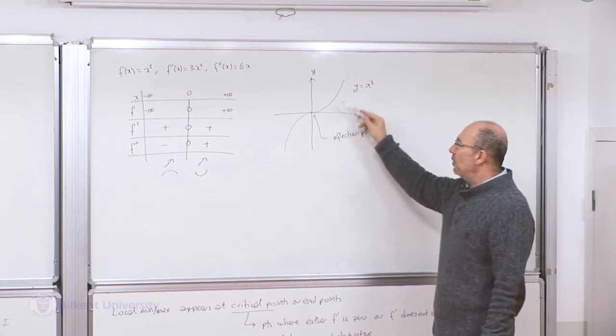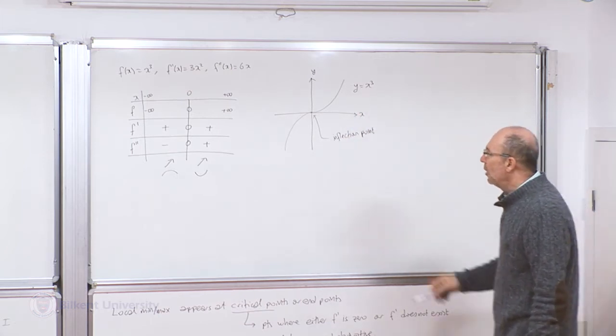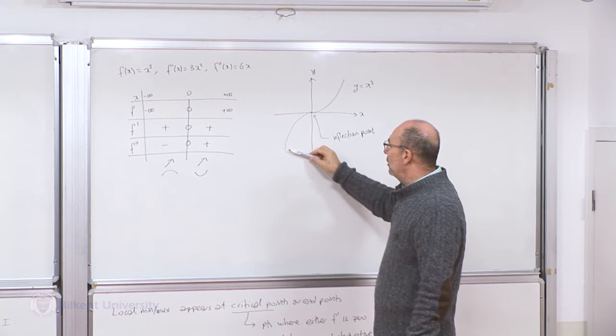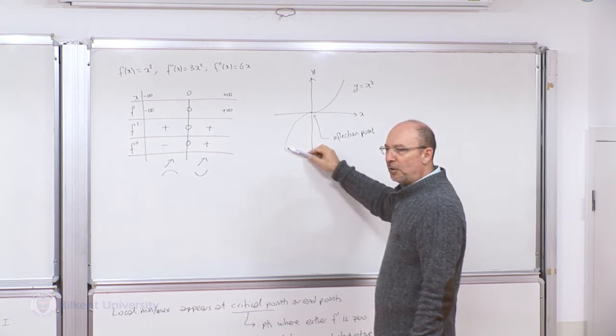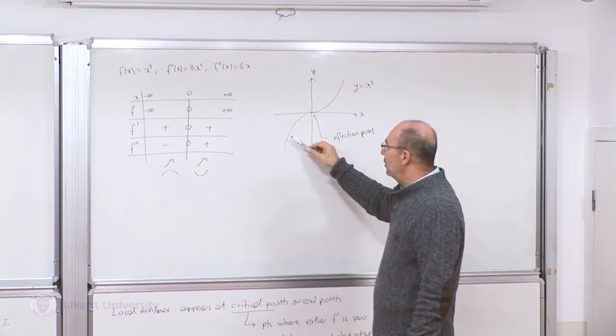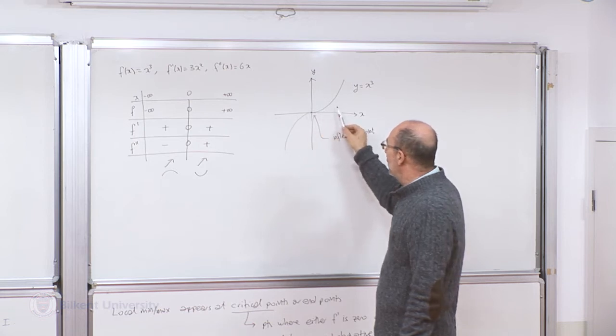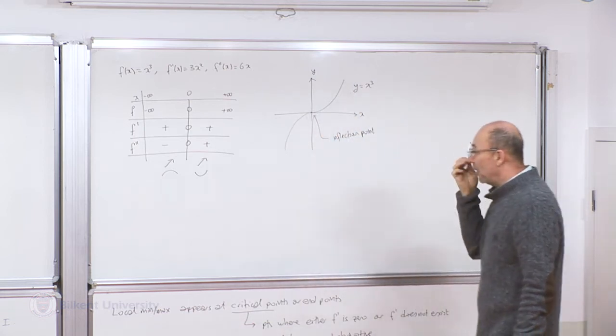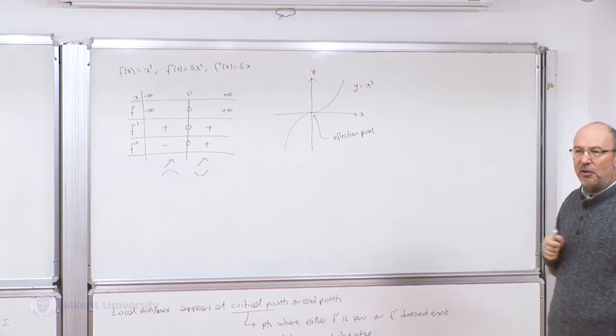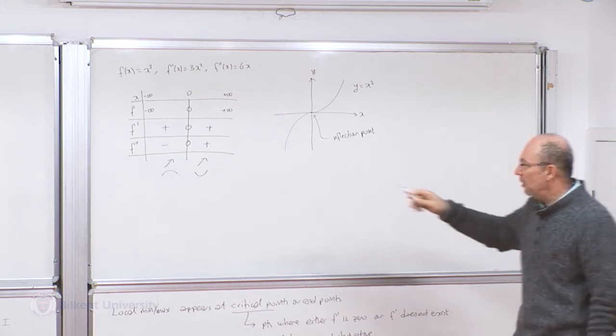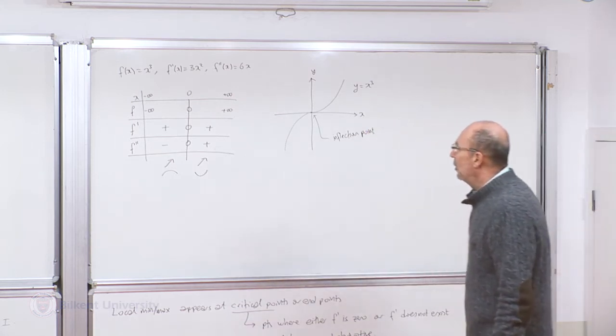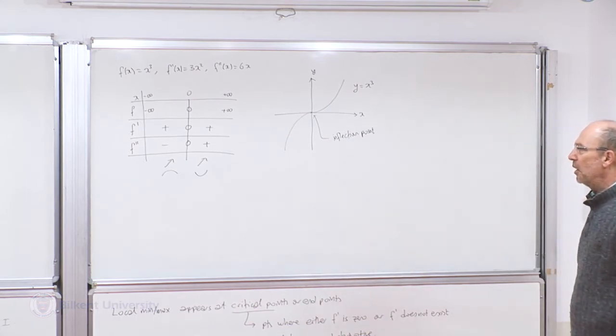So the function is always increasing. Okay. On the negative side, the speed of increase decreases. Okay, and when x is positive, it increases. The function is increasing, and the speed with which it is increasing is increasing. That we read from here. Okay, so these are typical examples.